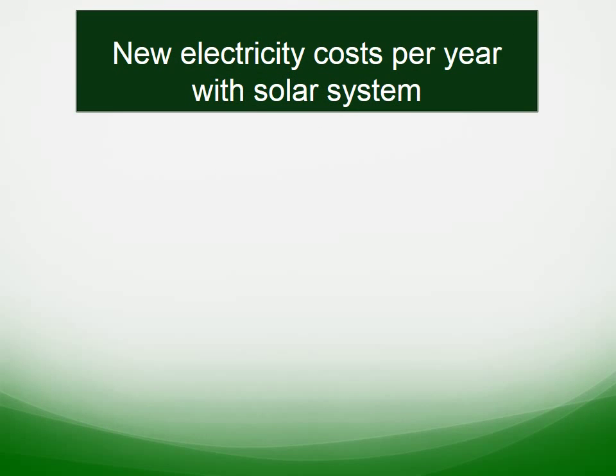Okay, the next part is working out Melanie's new electricity cost per year with her new 4 kilowatt solar system. Well, we know her current electricity usage is 5,793 kilowatt hours.